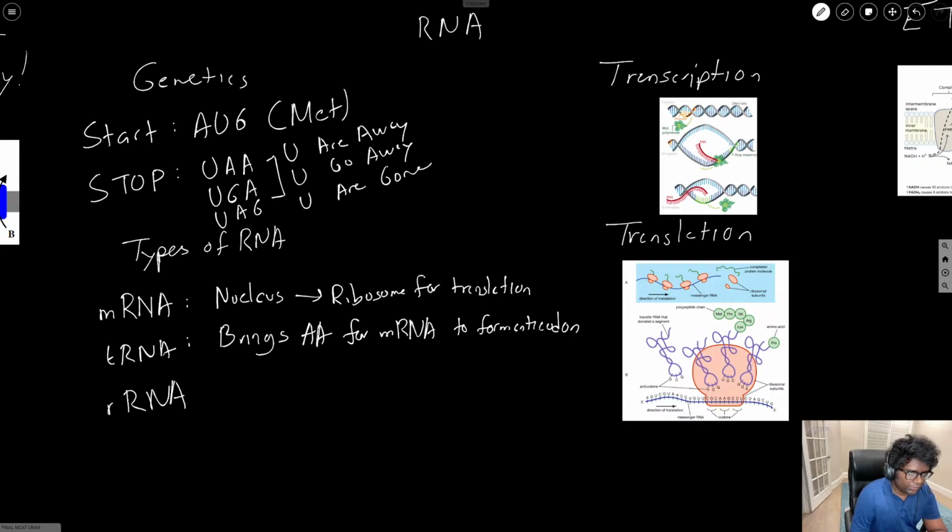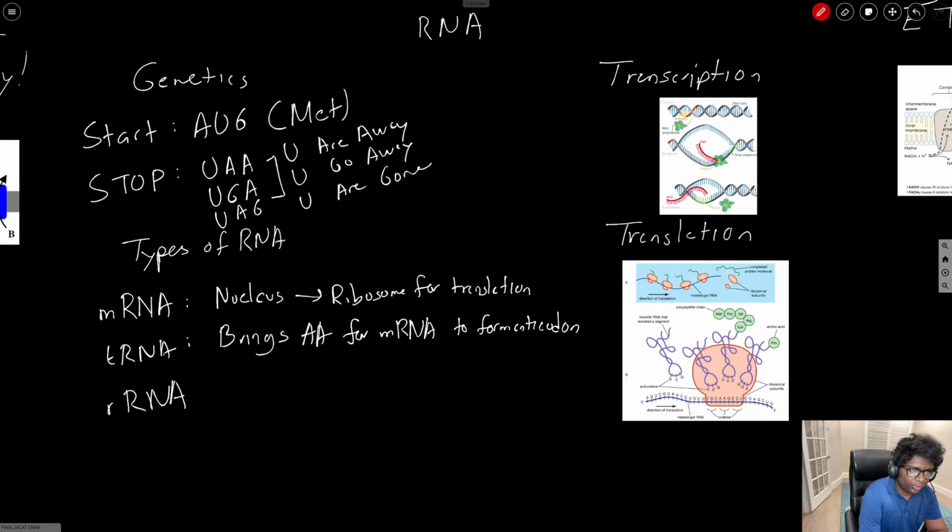That being said, let's move on to transcription and translation. Transcription: I didn't want to get too complex of a diagram, but there's an initiation step, an elongation, and a termination step. Basically, the helicase and topoisomerase will unwind the DNA double helix.